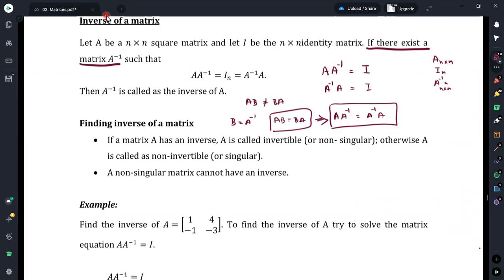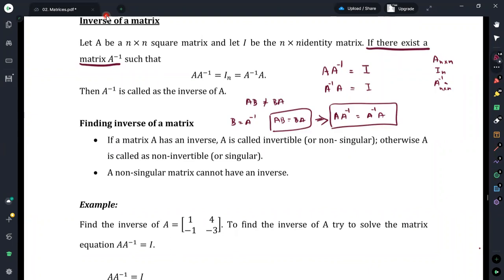I will discuss checking the existence of the inverse later, and prior to that I will just say something about invertibility and singular matrices here. If we are going to find the inverse of a matrix, first we need to check whether the inverse exists or not.